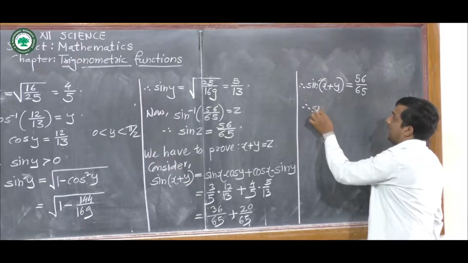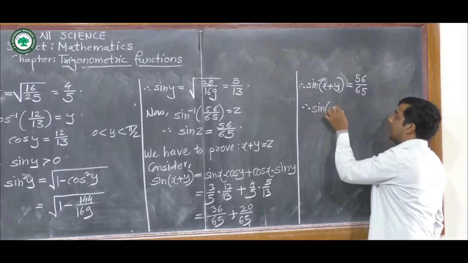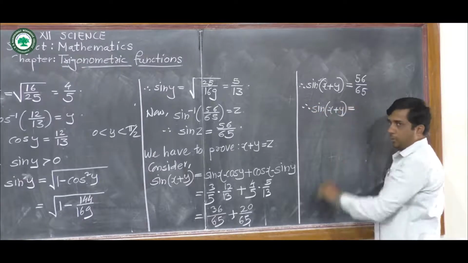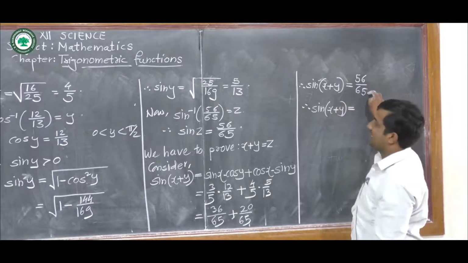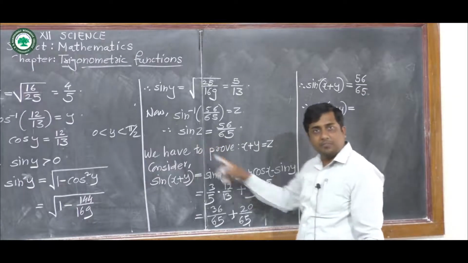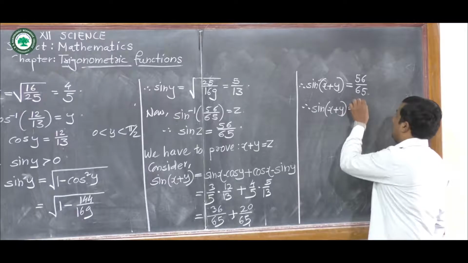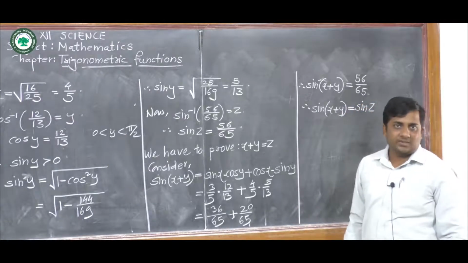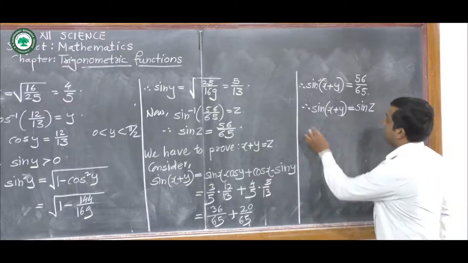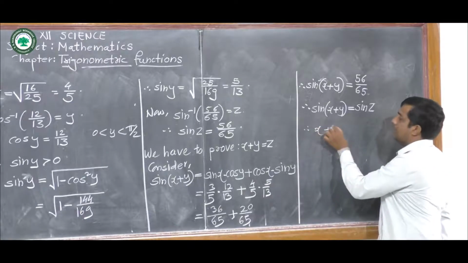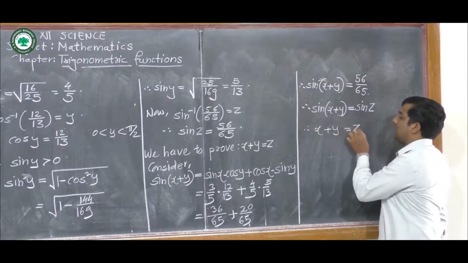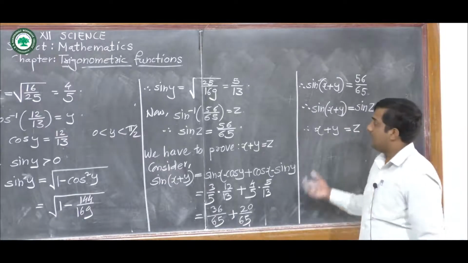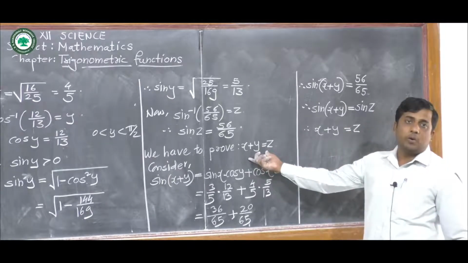We know this 56 upon 65 is sine z, so we replace this by sine z. Now by comparing both the sides, we get x plus y is equal to z, and this is what we had to prove.